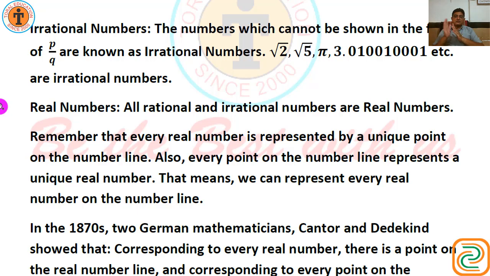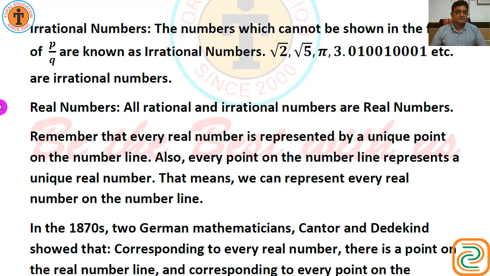The numbers which cannot be shown in the form of P upon Q are known as irrational numbers, such as root 2, root 5, pi, 3.01001 0001, etc. They cannot be shown in the form of P upon Q. Right?